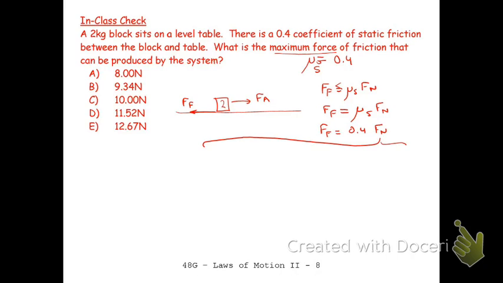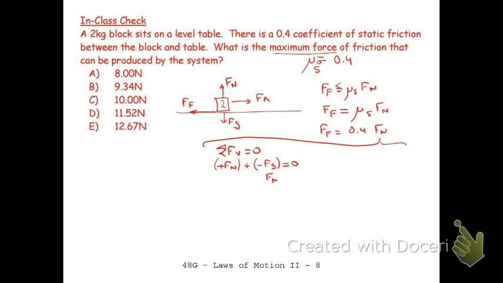So I look back and I go, well, hold on. I've got my Fg here, and I've got my Fn there. The sum of the forces vertically equals 0. So that means plus Fn added to minus Fg is equal to 0.